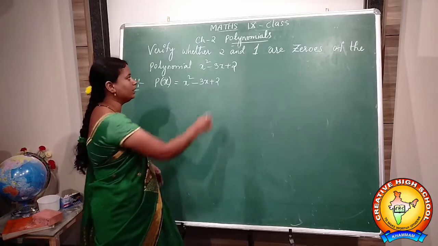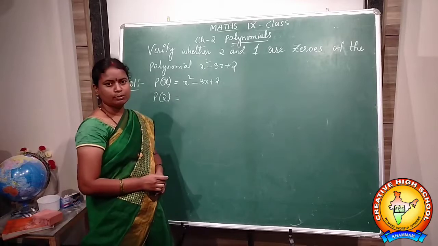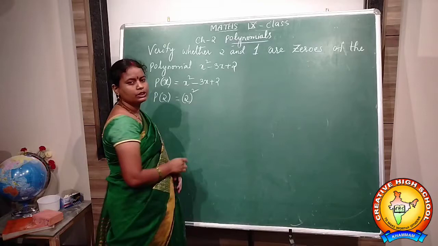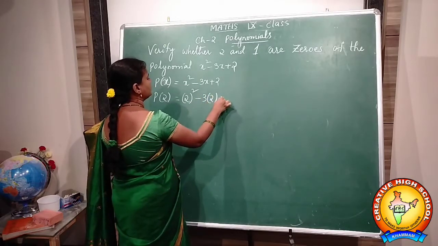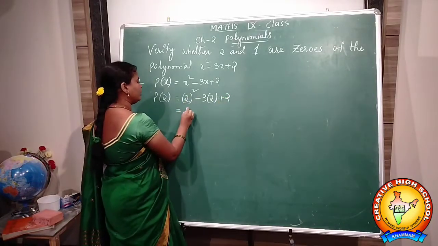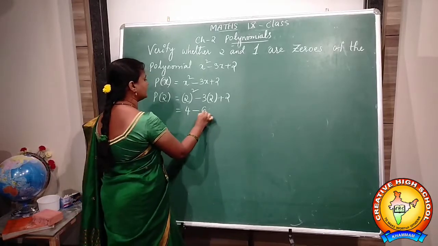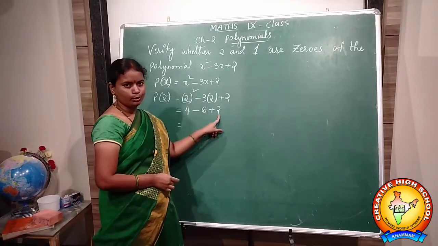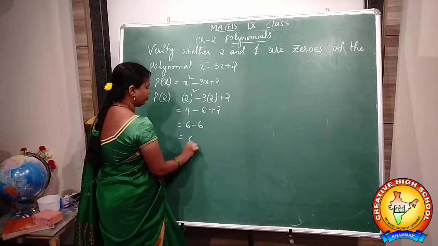P of 2 is 2 square minus 3 into 2 plus 2. 2 square value is 4, minus 3 twos are 6, plus 2. 4 plus 2 is 6, and 6 minus 6 becomes 0.